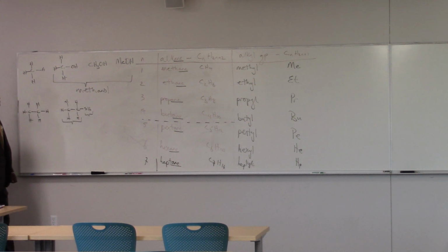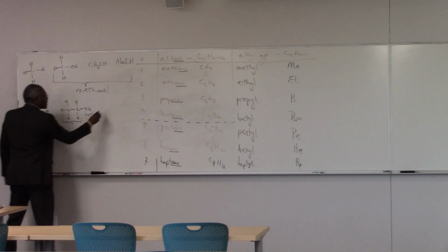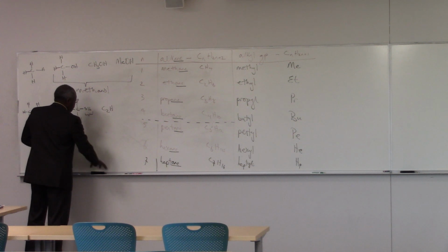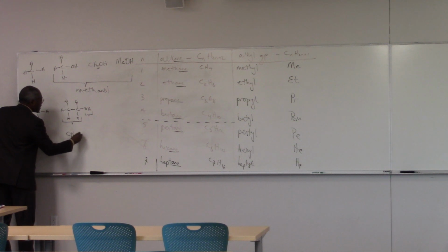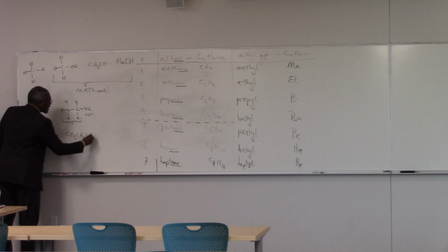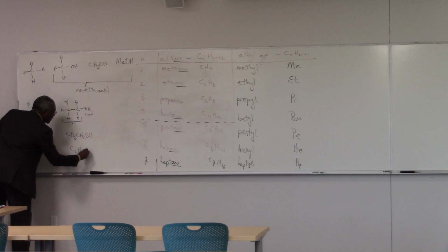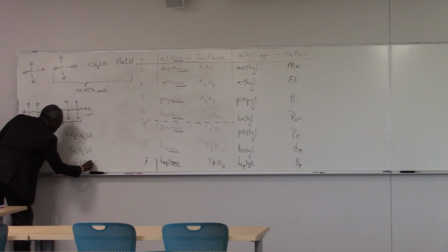Okay? And then in a similar fashion, instead of writing it like this, I could write this compound in two ways. I can write this as either CH3CH2SH, or C2H5SH, or EtSH.